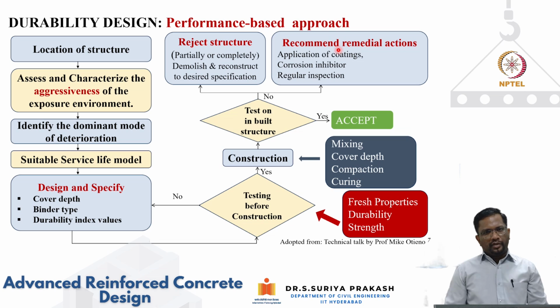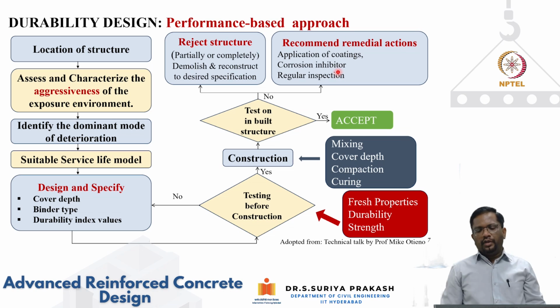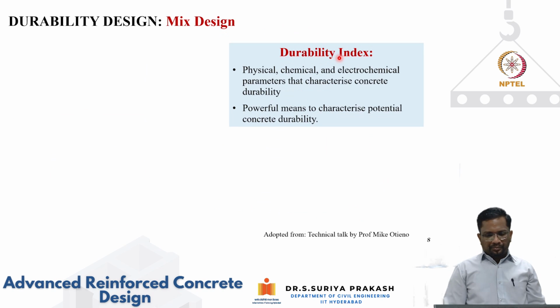If it is not meeting the norms, then either you can go for remedial actions like applications of coatings to tackle ingress of deleterious substances, or add some corrosion inhibitors later even for an as-built structure, and recommend regular inspection and monitoring of the deterioration mechanisms. Or if the results are too bad, then you can also go ahead and reject the structure either partially or completely. We may have to either demolish or reconstruct to the desired specifications. This is what we do in the performance-based approach.